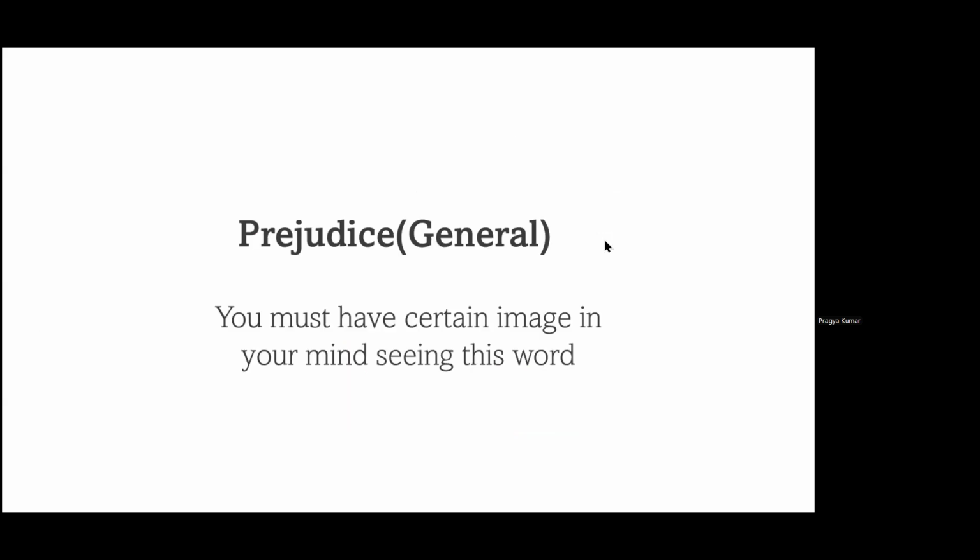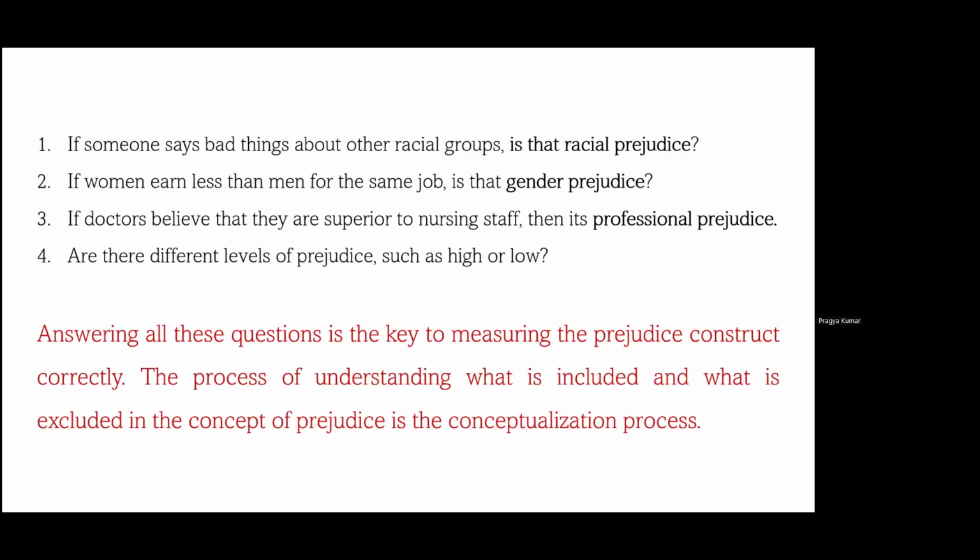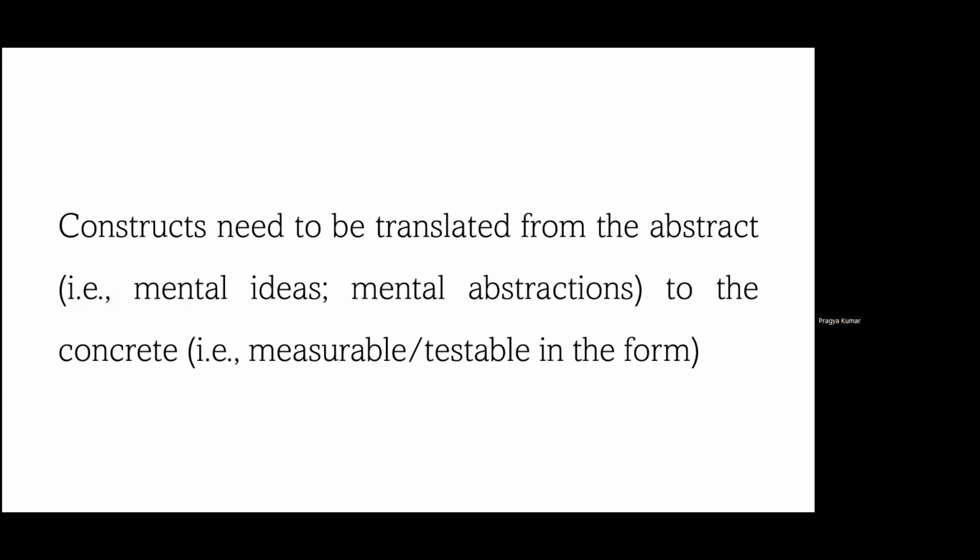So prejudice will be general. Any concept or any construct has a general domain, and there are contextual or specific domains attached to it. So for a construct, you need to get a definition from the theory, from the literature review, and you need to bring the mental idea or mental abstraction to a concrete level.